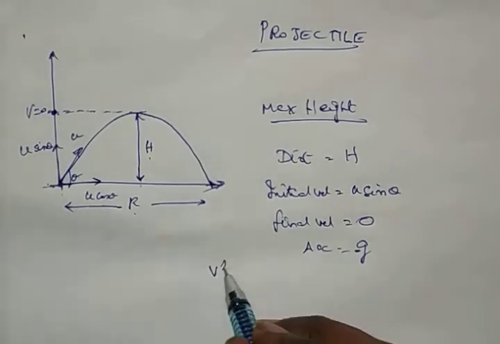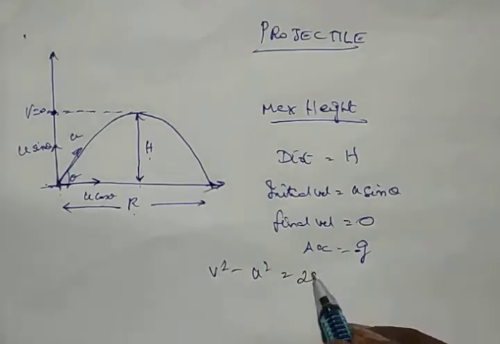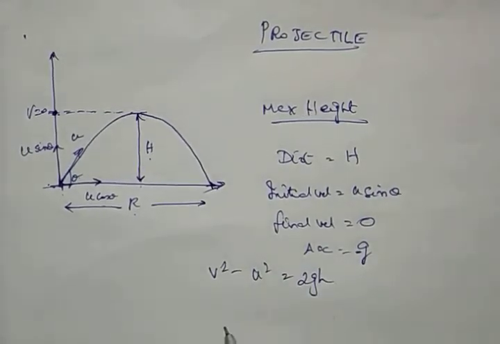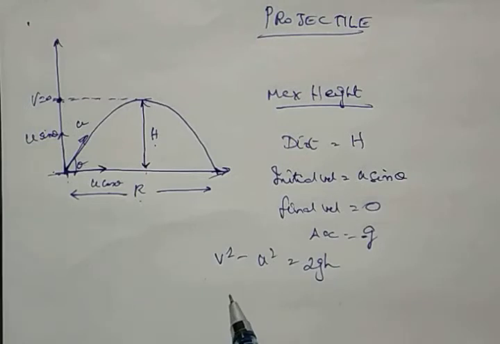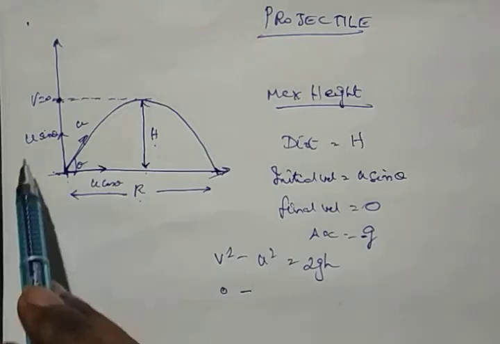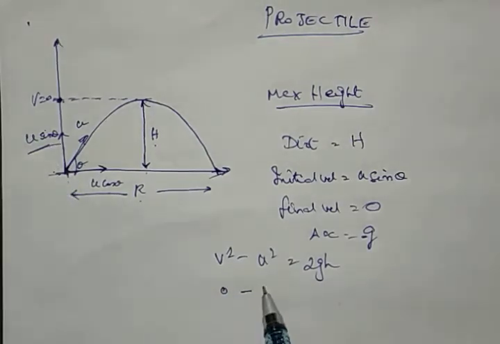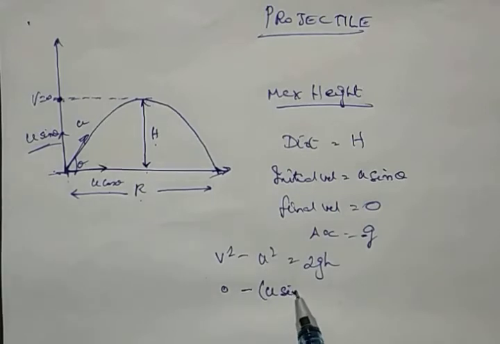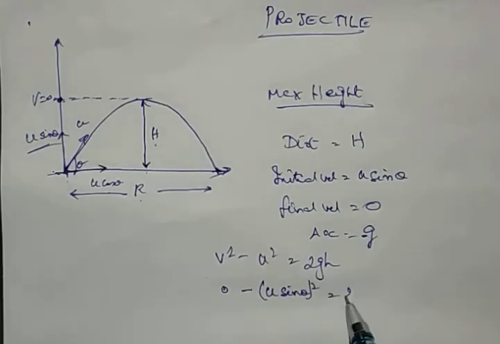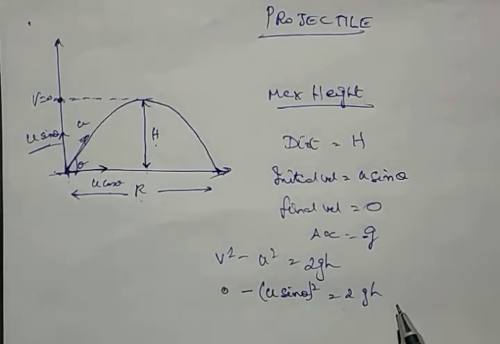So v square minus u square is equal to 2gh. What is v square? That is 0. What is u square? This is the value of u square. So it's going to be u sin theta, the whole square, is equal to 2 into g into h.